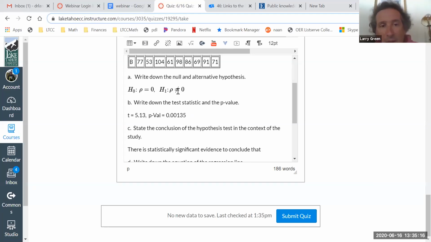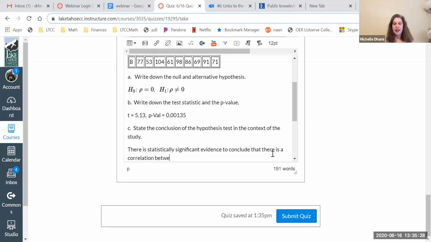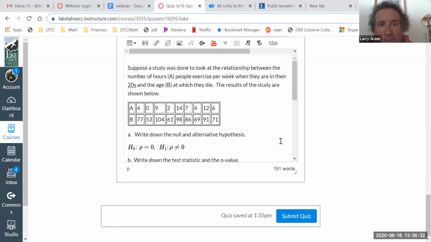that, and now what you do is you look at this rho not equal to 0, and in words, what that says is that there is a correlation between, and now remember what we were looking at was hours exercise when they're in their 20s and age of death.